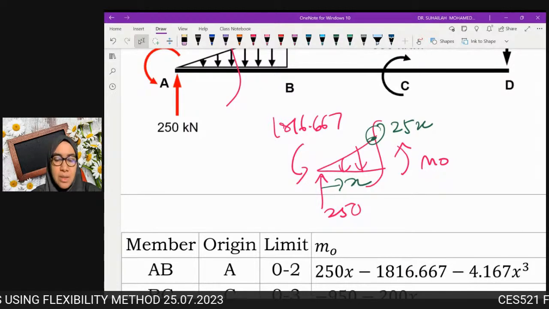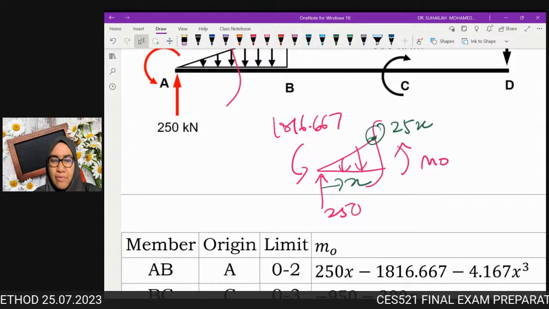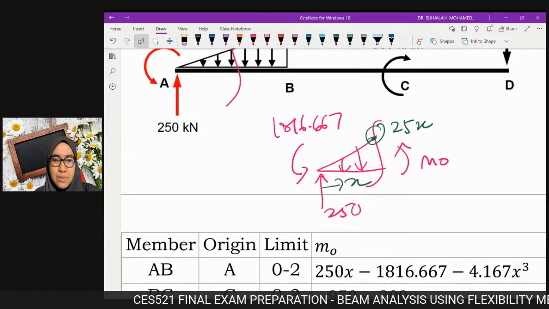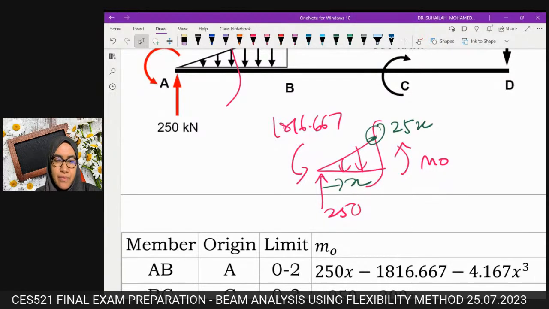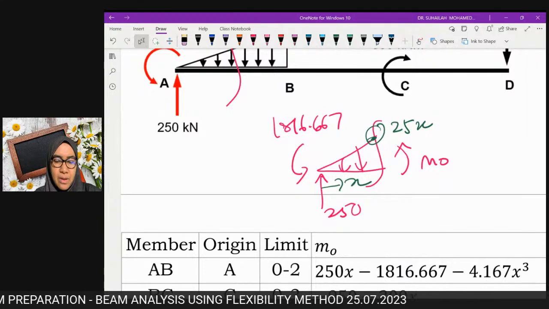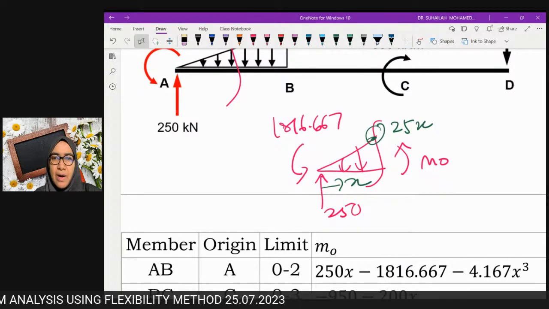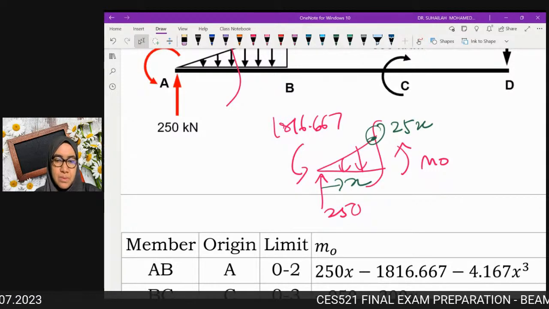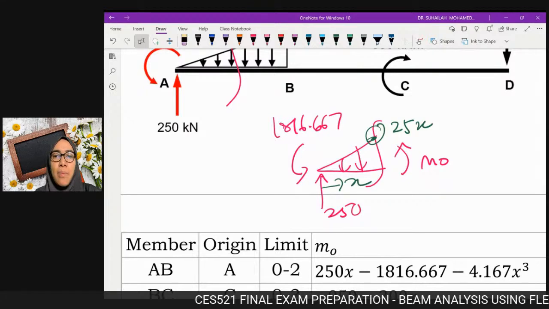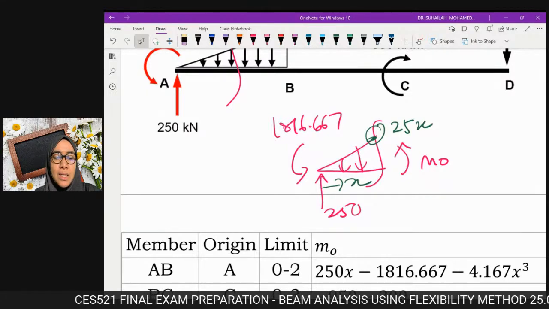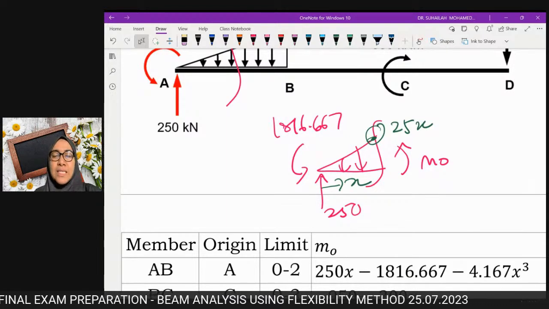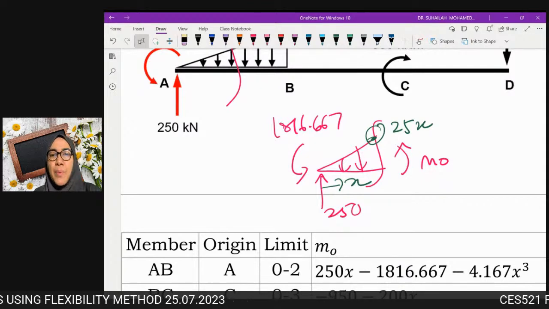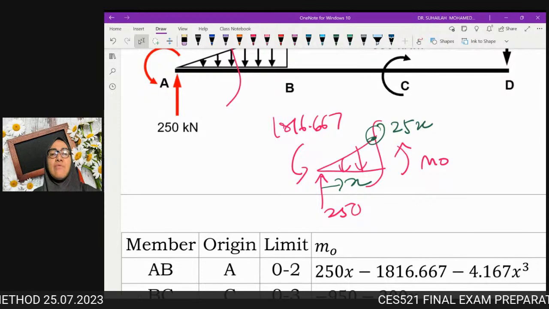So it is 0.5 times 25, divided by 3, which gives 4.167 x cubed. For the triangular load, we get x cubed. So this is the moment equation for AB.